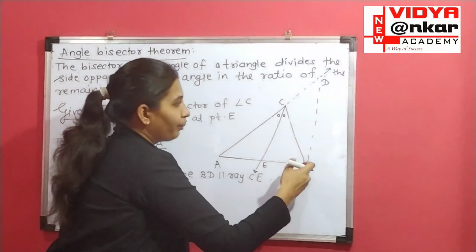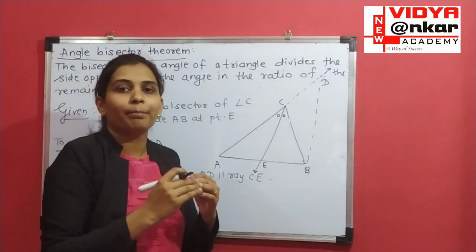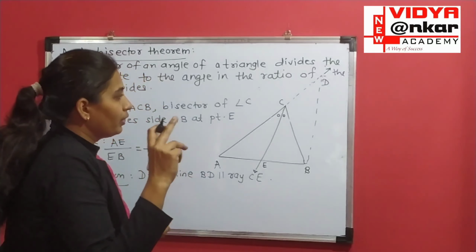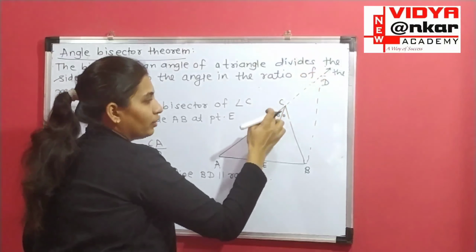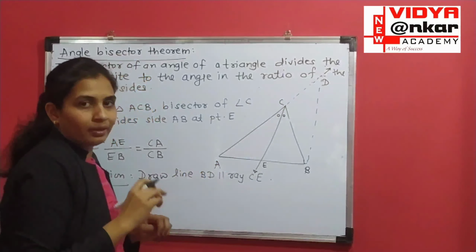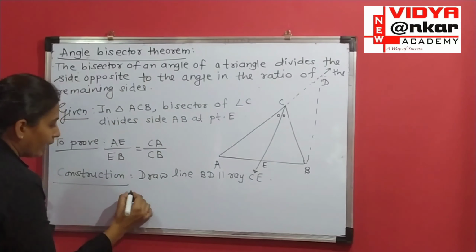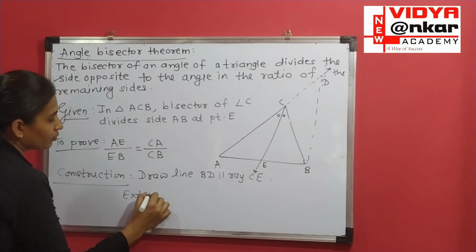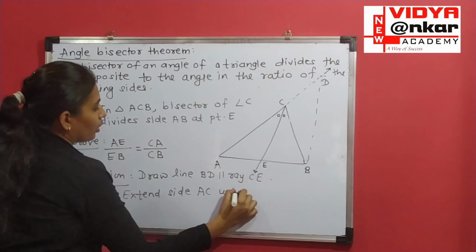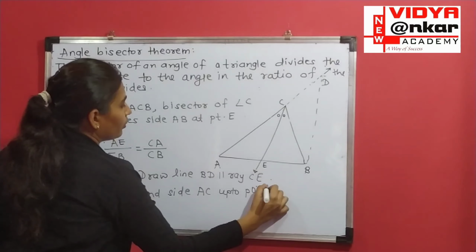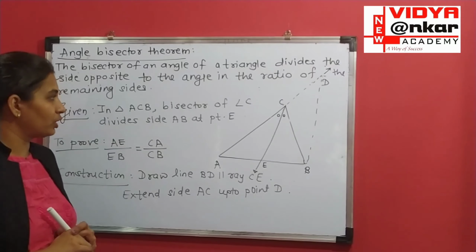What have we done? We drew BD parallel to ray CE. Okay. Now we have to extend this side AC up to point D so that it can intersect BD. So extend side AC up to point D. Okay, this is the construction.